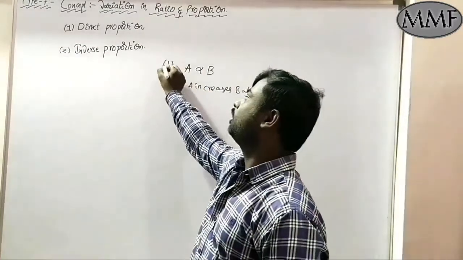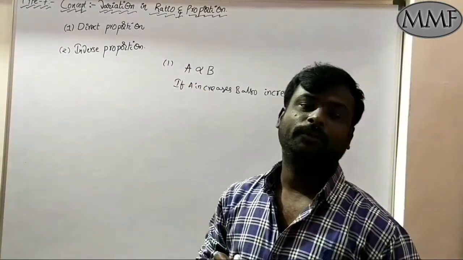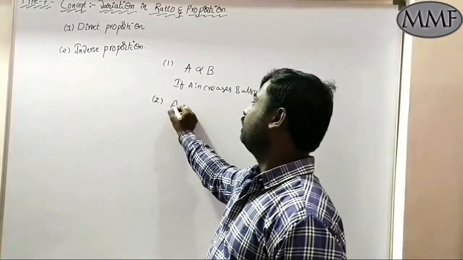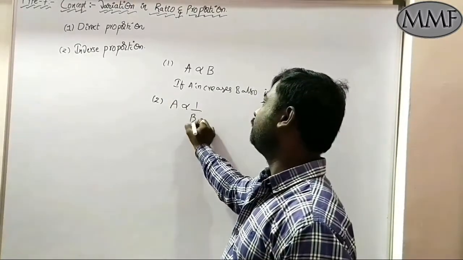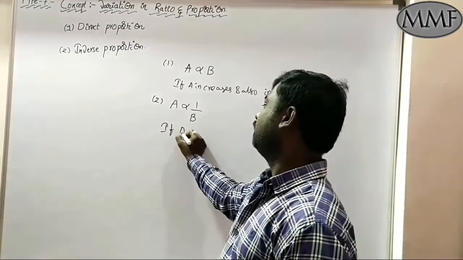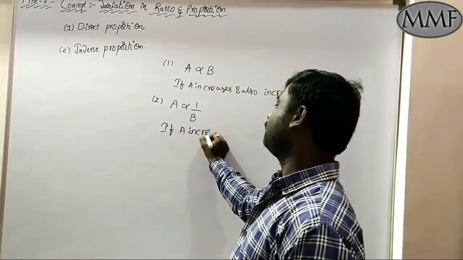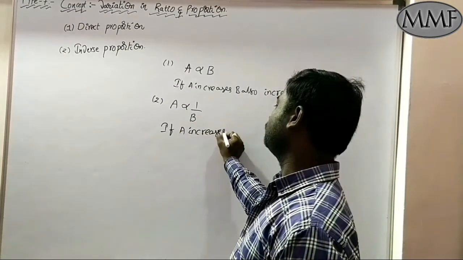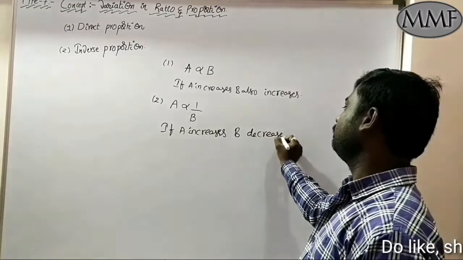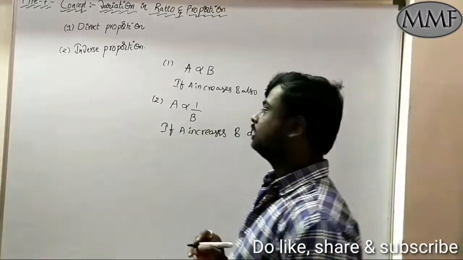So this is what a direct proportion is. Then what is inverse proportion? A is inversely proportional to B. That means if A increases, B decreases. For example, see one example.